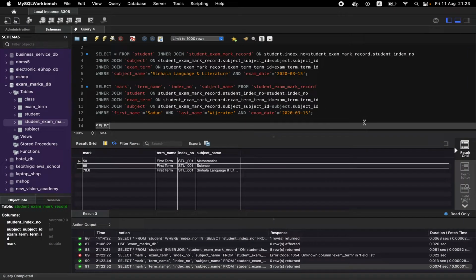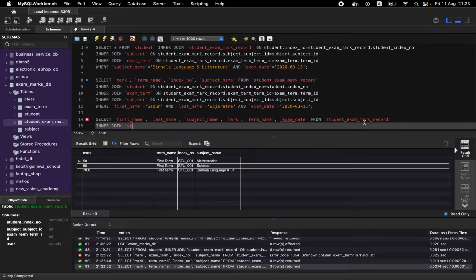So we have to select the first name, last name, the subject name, mark and the term name, and last exam date from student exam mark record.